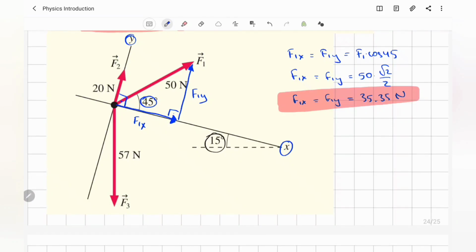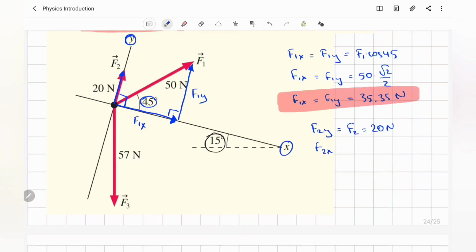Now let's come to the second force, F2. If you pay attention, F2 is exactly in the same direction as y. The angle between them is 0. So it's very simple. F2 has only a y component, and it's equal to F2, which is 20 newtons.